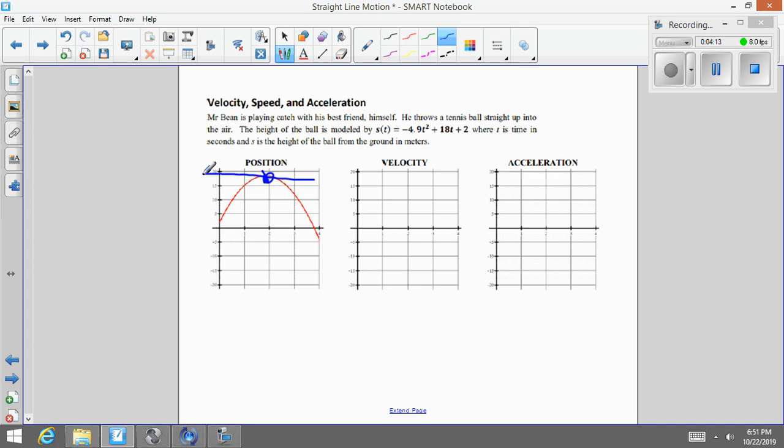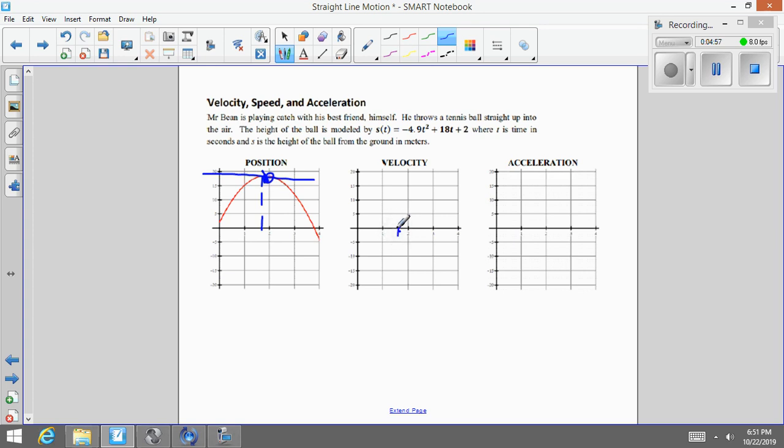So it's looking like if this is my position function, then for the velocity, which is the derivative of position, I would have an x-intercept where I have this relative maximum, which in this case is also an absolute maximum. But either way, where that maximum is on the parabola, that would translate into an x-intercept for the graph of the derivative. All right, so, just approximating about where that is. It's looking about right there. So over here, I'm just going to mark that as an x-intercept.